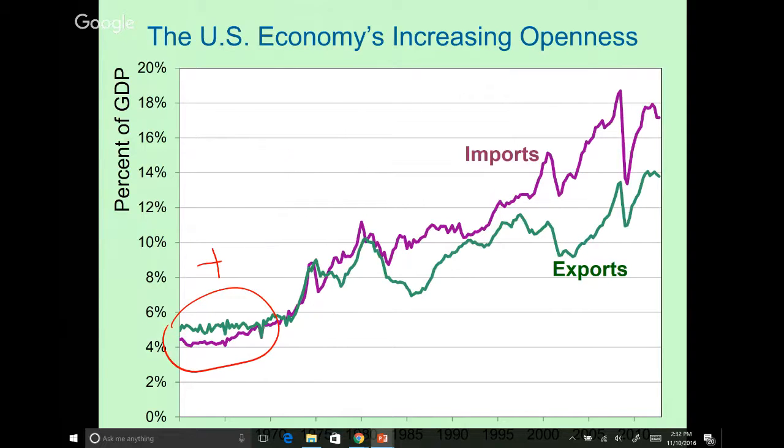But ever since the start of 1980, ever since this point on, our import is more than export. So we have a negative net export. Every year when the import is more than export, we call this a negative net export, so that is a trade deficit. But if you guys notice, see this huge drop over here?